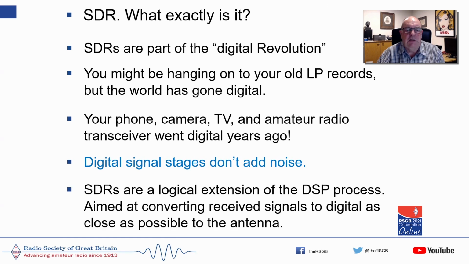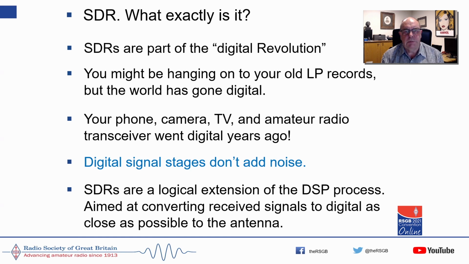So SDRs are a logical extension of the digital signal processing, DSP, process. The main aim of software-defined radio is converting the received signals to digital as close as possible to the antenna.